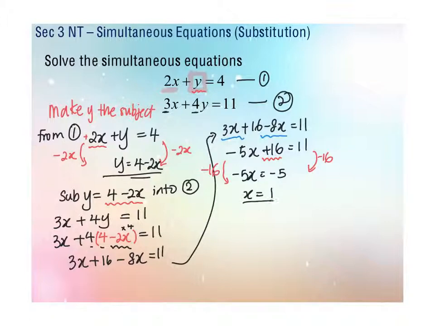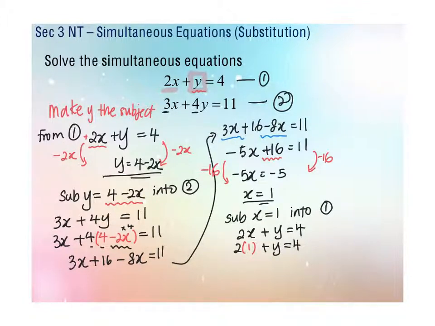Now I know x equals 1. What do we need to do? We need to sub x equals 1 into one of the equations. For convenience, I'll choose equation 1 because y is only one unit. So this will be 2x plus y equals 4. Now we're going to change x to be the number 1, and I have 2 plus y equals 4.